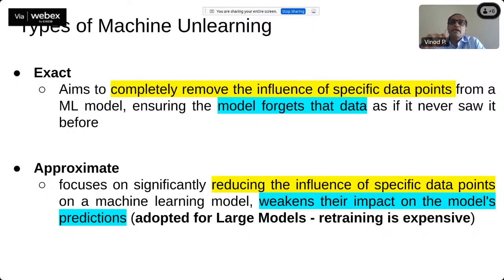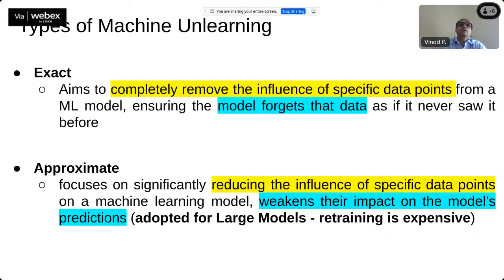Imagine that some end user who is using such LLMs creates a prompt and tries to filter out some sensitive information corresponding to him or her, let's say the credit card information. If that user forces the large language model to forget that data point, then imagine that the model has to be retrained from the complete volume of the data excluding the private data point, which is a computationally very expensive task.